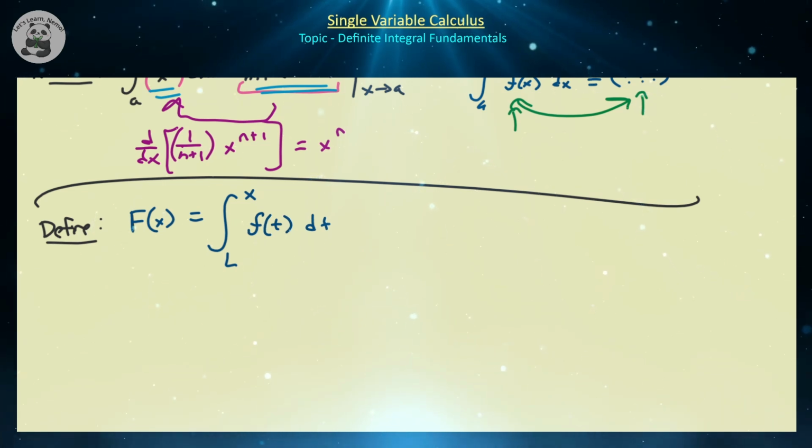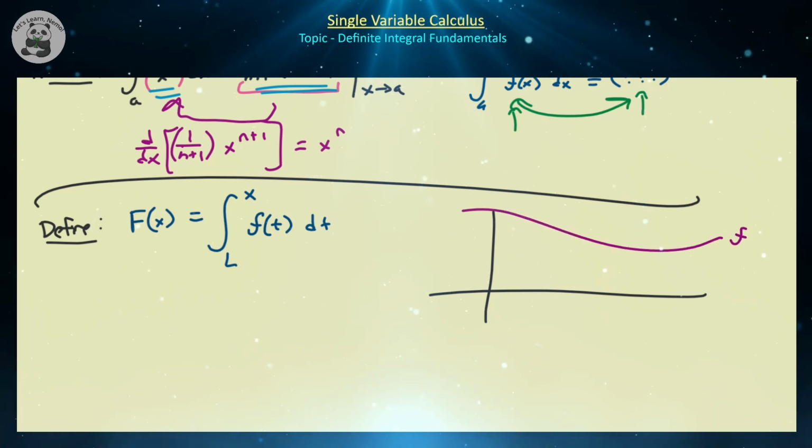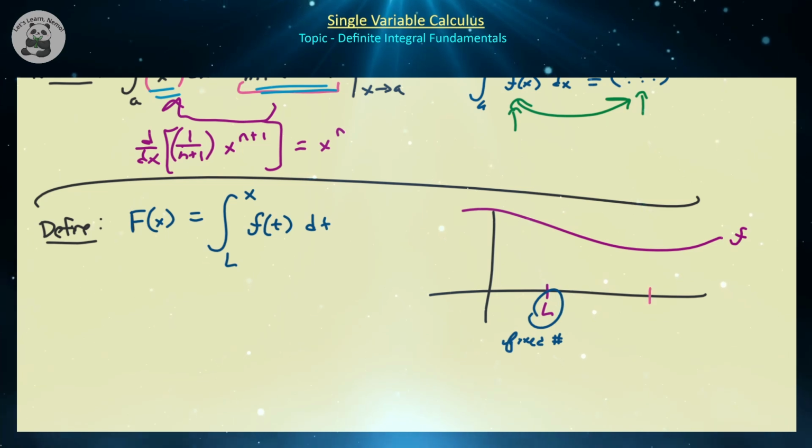Here, L is just going to be a lower bound for our area. So let's assume that this is our function, little f, and let's assume that this is just some number L that's fixed, so just a fixed number. And x is going to be somewhere over here. This is going to be our t-axis, and this is going to be our f of t axis, right?